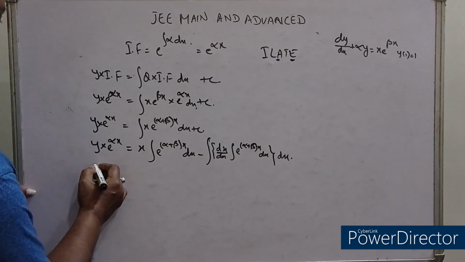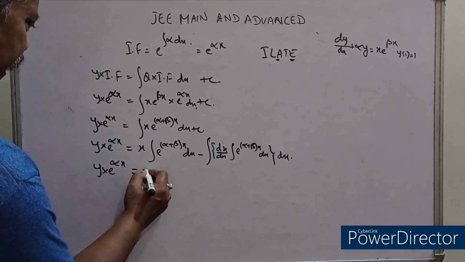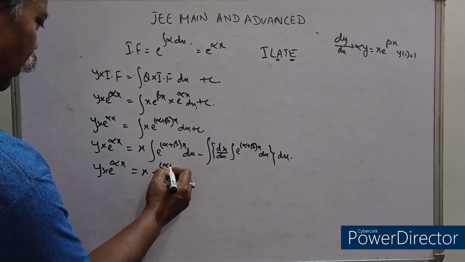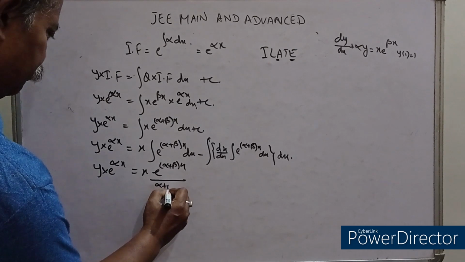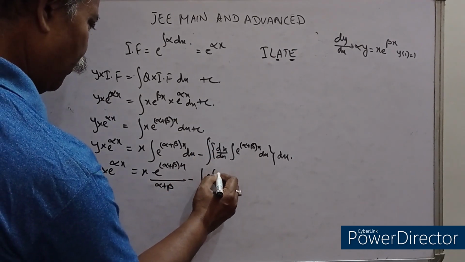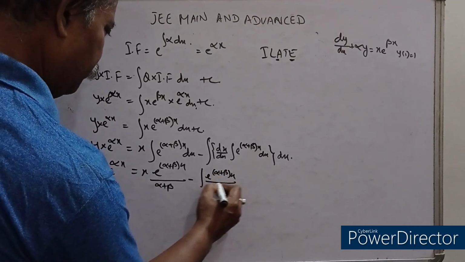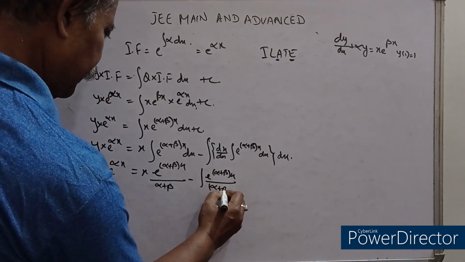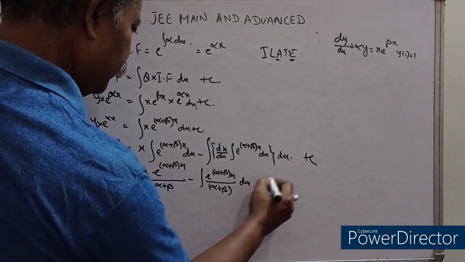So y e^(alpha x) equals x e^((alpha plus beta) x), the constant gets divided by alpha plus beta, minus again e^((alpha plus beta) x) divided by alpha plus beta, dx, plus c.